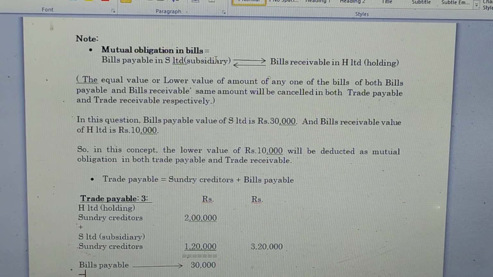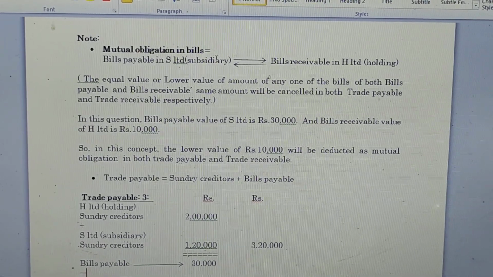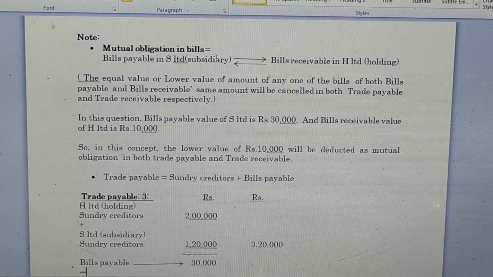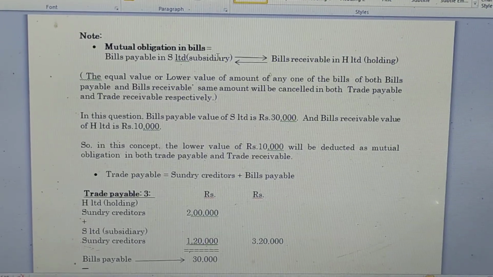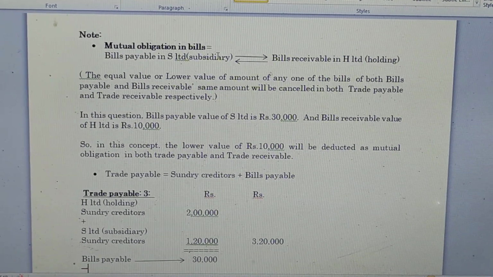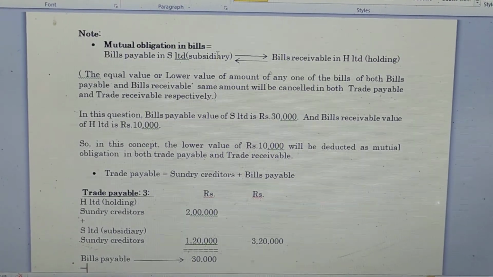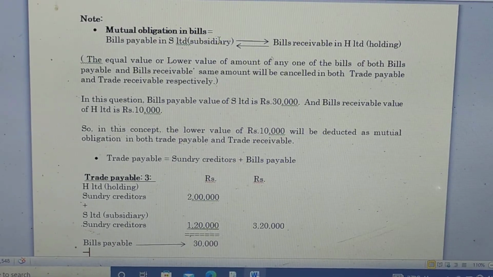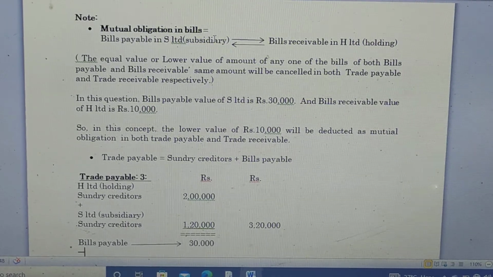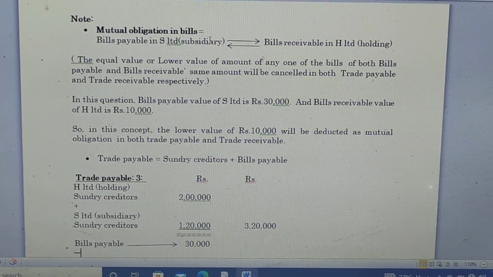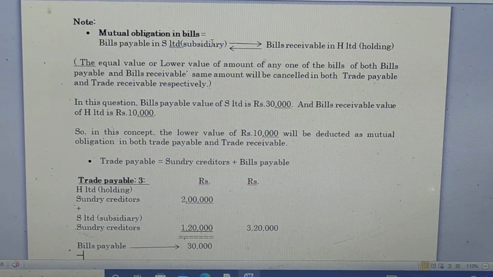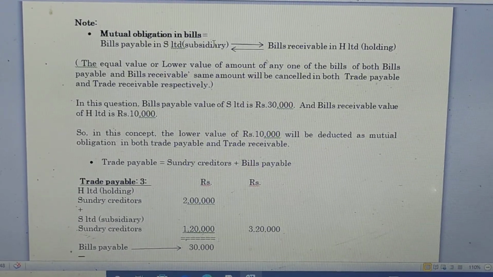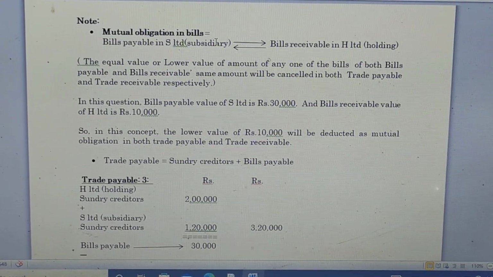It means the bills of H Limited and S Limited have been exchanged between the holding company and the subsidiary company. So the equal or lower value of the bills payable and bills receivable will be cancelled in both trade payable and trade receivable respectively.